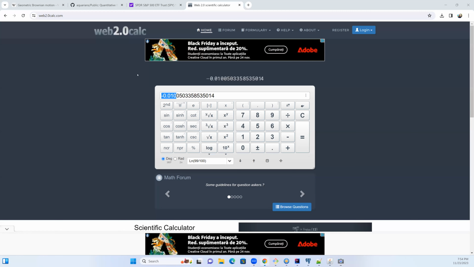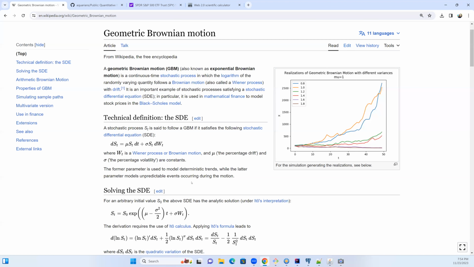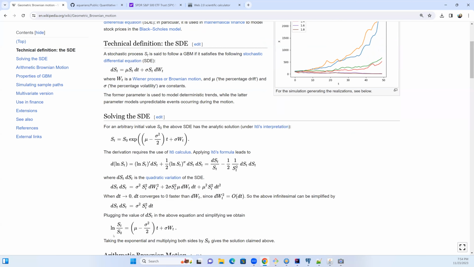And let's go back to the geometric Brownian motion. We see here a formula, which is the formula that we use. So the return on each day is some constant multiplied by time, which is the time elapsed in a day, plus the so-called volatility times this weird thing, which we are going to discuss next time.